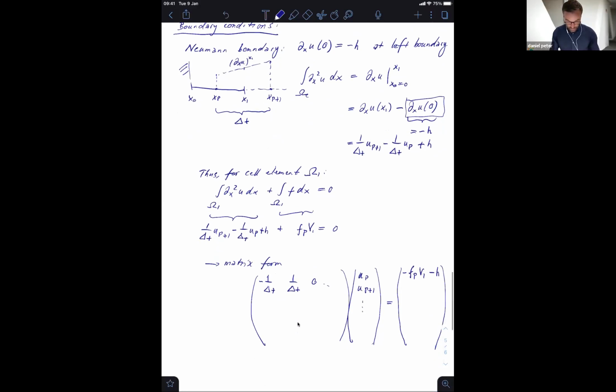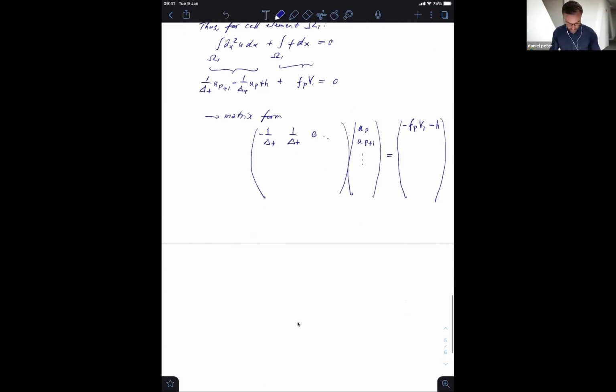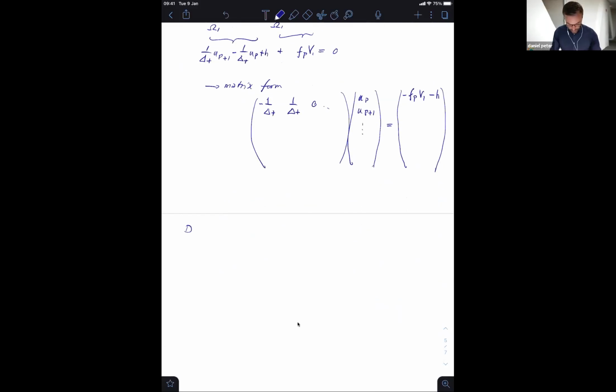So let's see how the Dirichlet boundary would look like. Here our boundary condition is on the right side, so u at 1 would be equal to q at the right boundary.